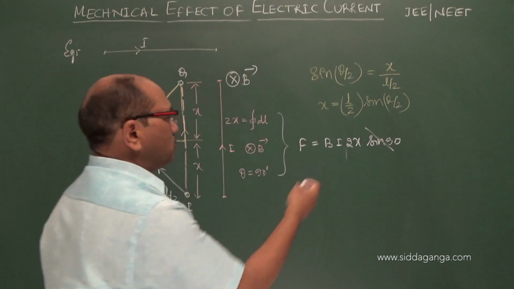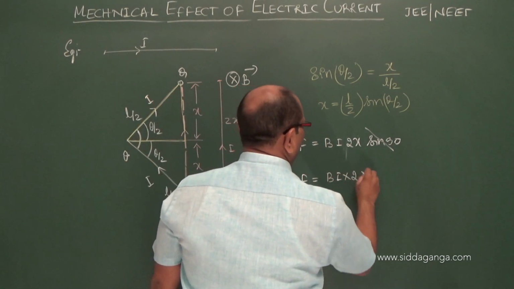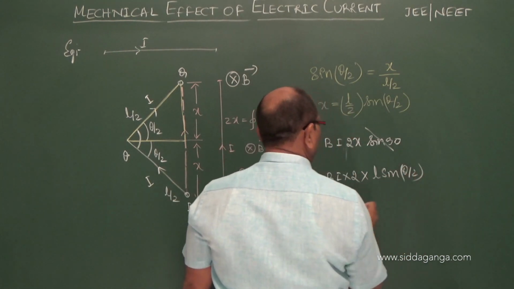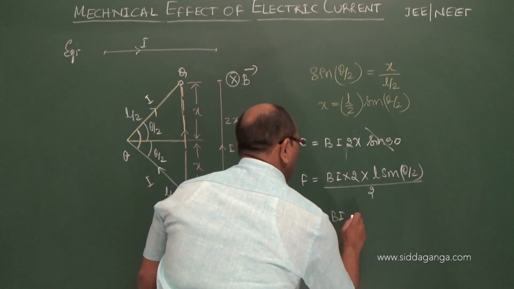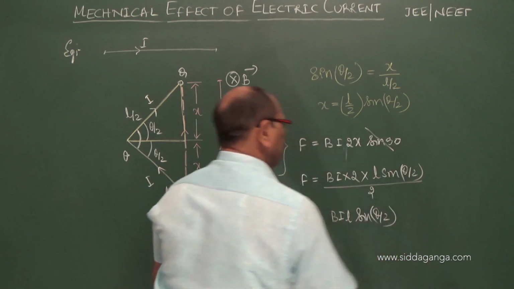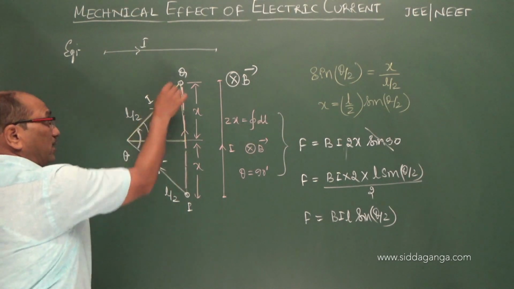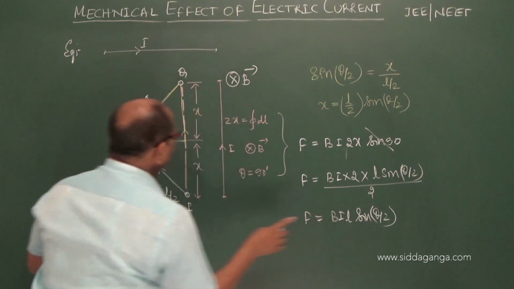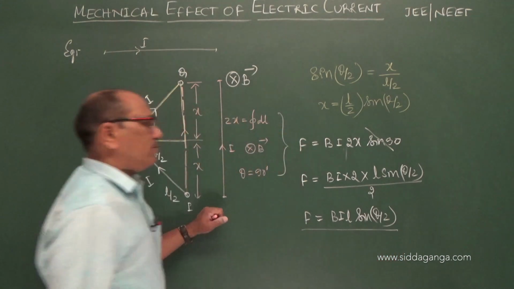I substitute this here and get Bi times 2 times L sine theta by 2 divided by 2, which simply becomes BIL sine theta by 2. If the bend between them is theta, then the value of the force appears with half that angle.